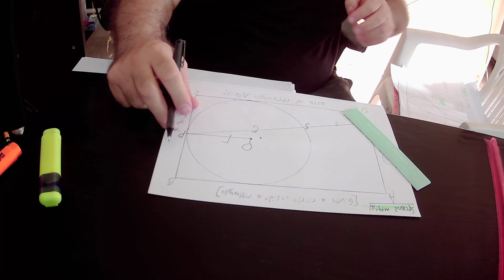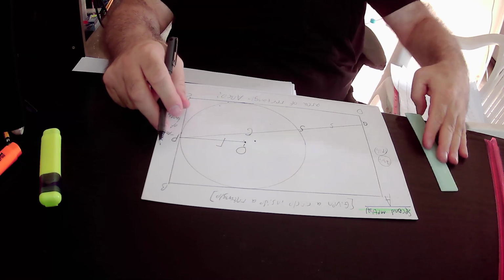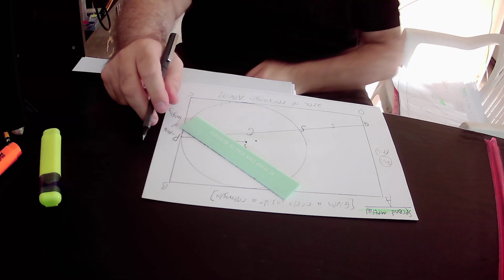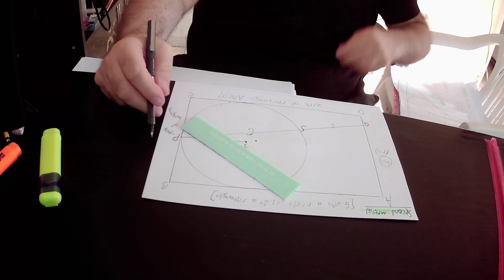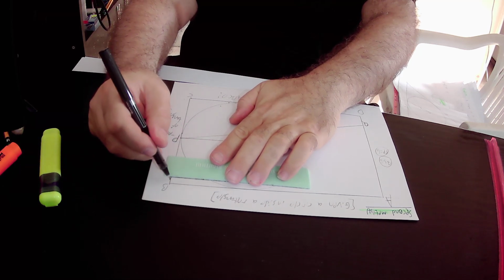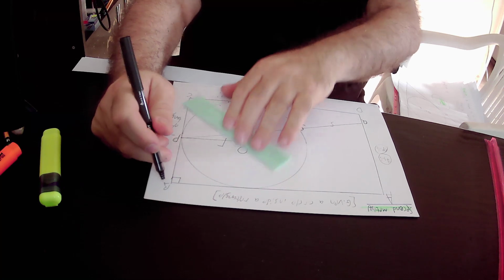We know that all the angles inside a rectangle are right angles. So here, all those angles are right angles. ABCD is a rectangle, of course.